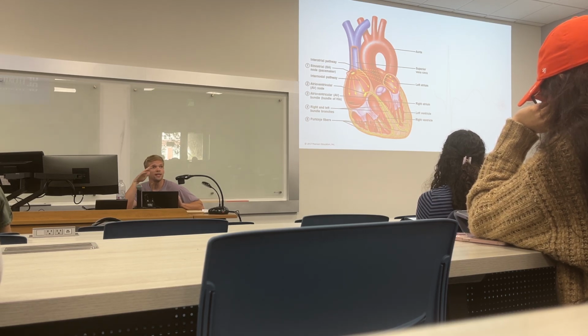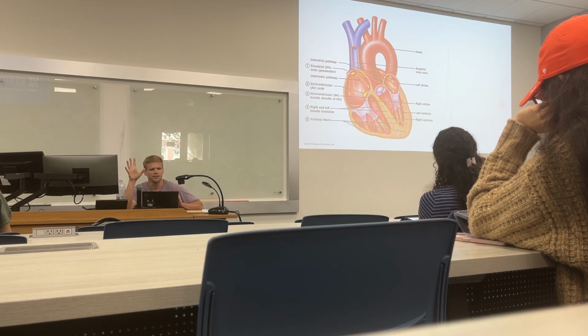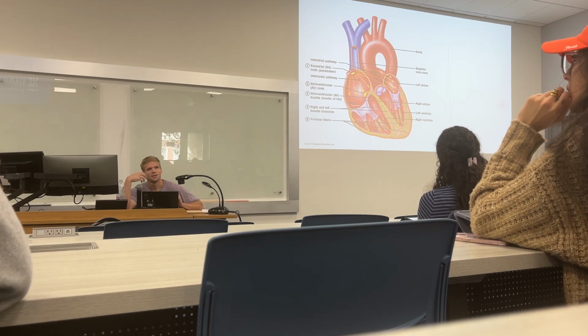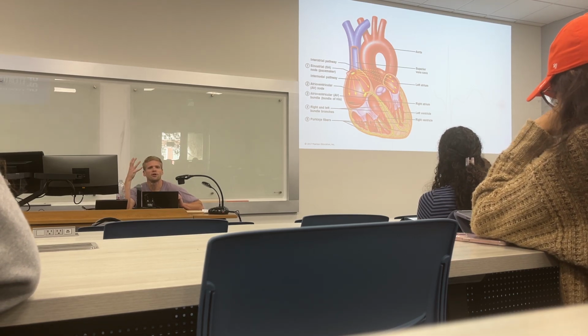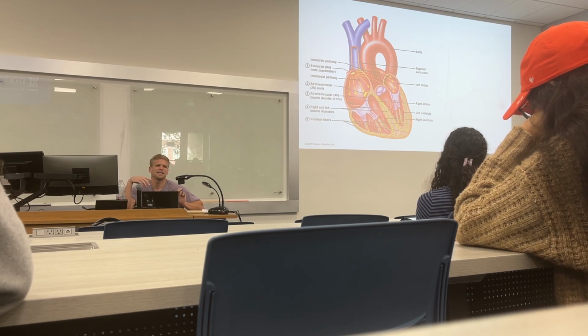And immediately, let's dispel the idea that the sinoatrial node is in some way structurally different than the rest of the heart. On a structural level, the sinoatrial node isn't really different at all. There's a little bit of difference: there's a little bit less actin and myosin within the fibers.